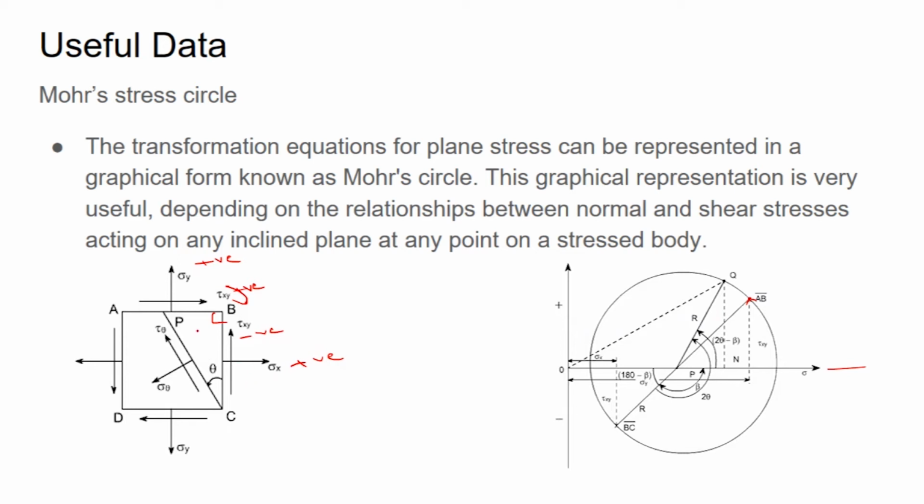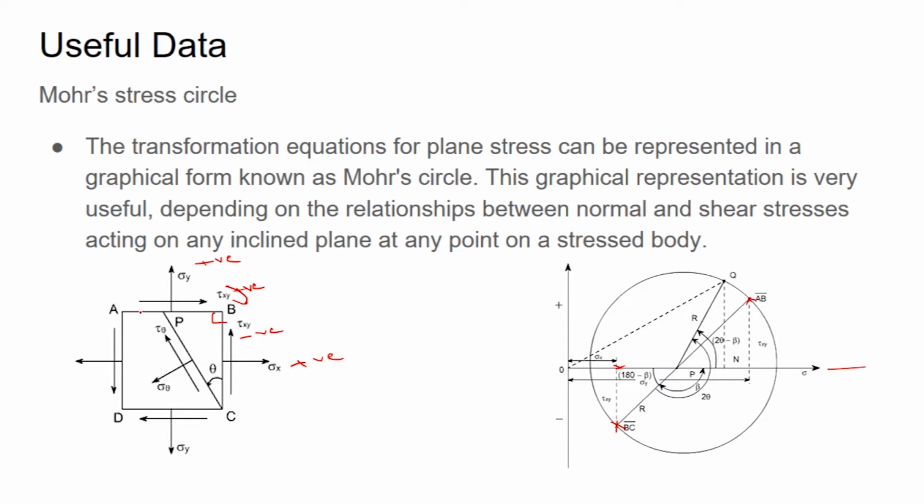Later for BC we mark the point sigma x, which is a positive value, let it be this value, and tau xy is negative, so it will be in the downward direction. So this point corresponds to plane AB, and this point corresponds to plane BC.